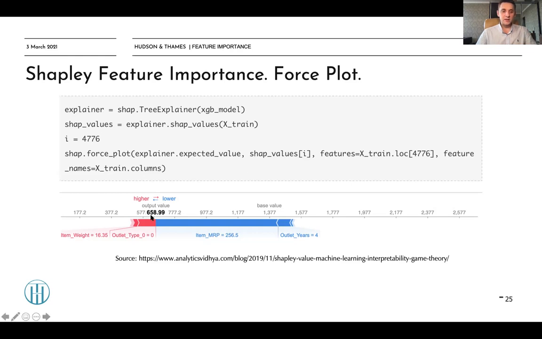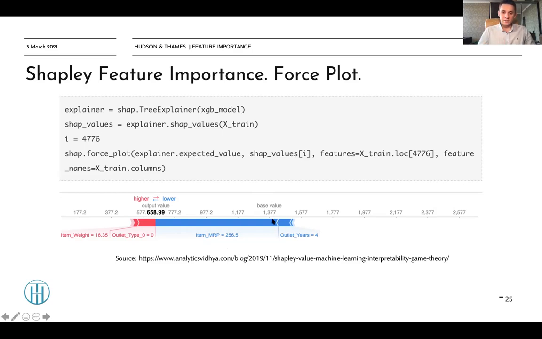So here we see that the algorithm is a regression XGB model which generated the output value of 658.99, and the base value, so the mean value, is 1,377. So basically, our algorithm generated a somewhat negative prediction. And item MRP was the feature most responsible for that negative prediction.